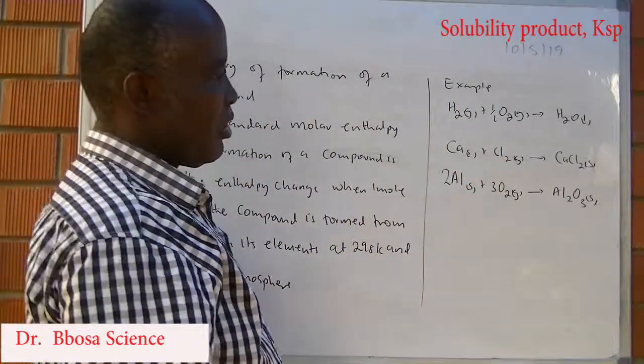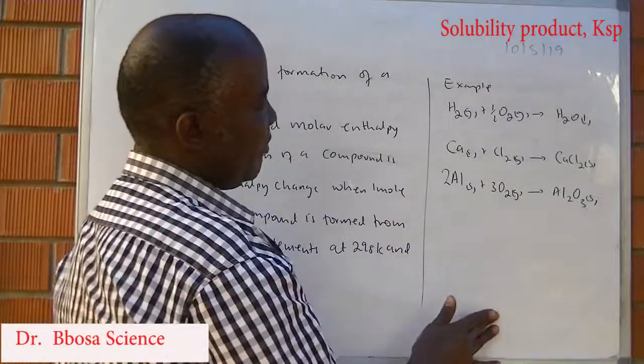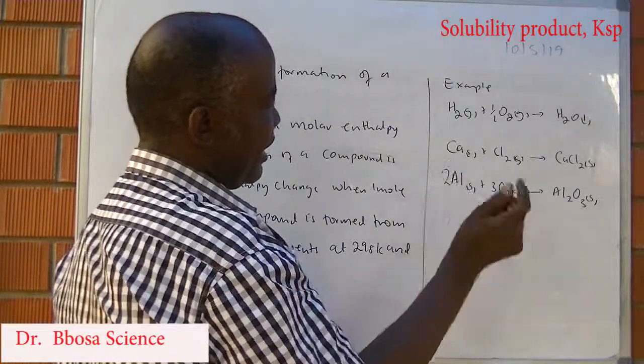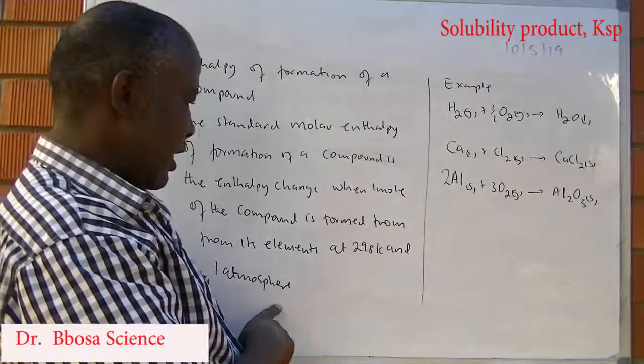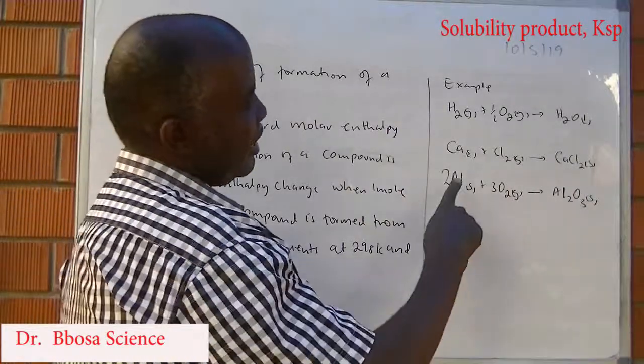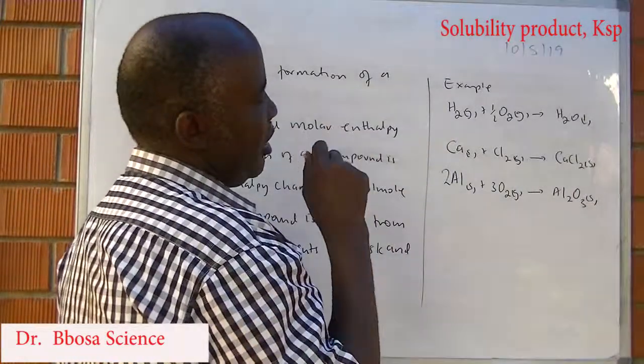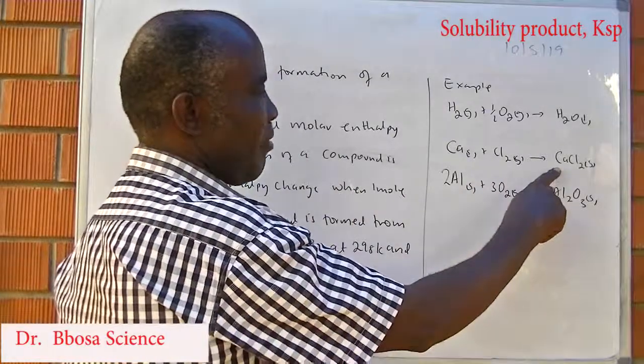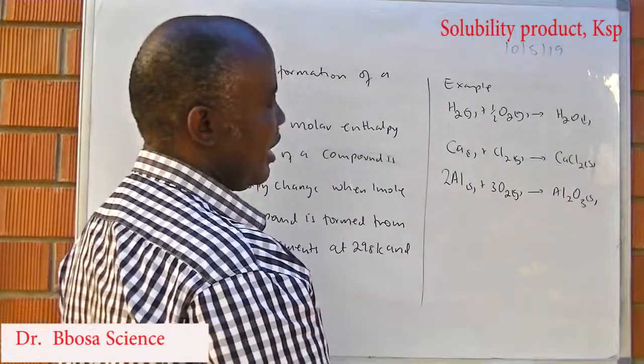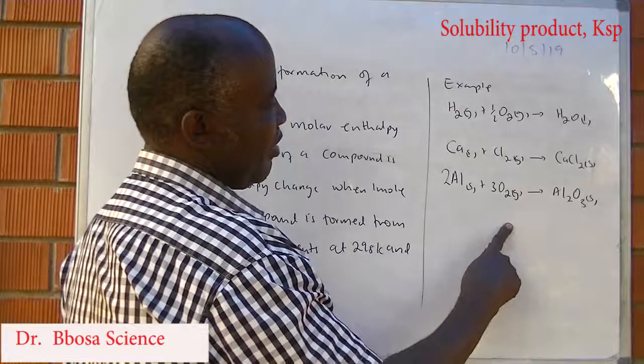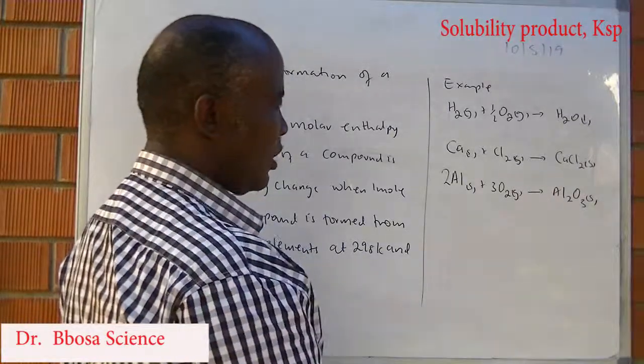Then the enthalpy of formation of calcium chloride from chlorine and calcium. At 298 K and 1 atmosphere, calcium is a solid, chlorine is a gas, calcium chloride is a solid. Similarly, aluminium plus oxygen, you get aluminium oxide.